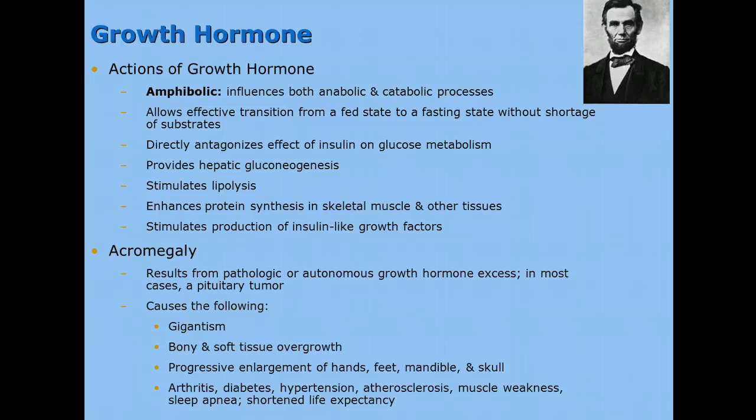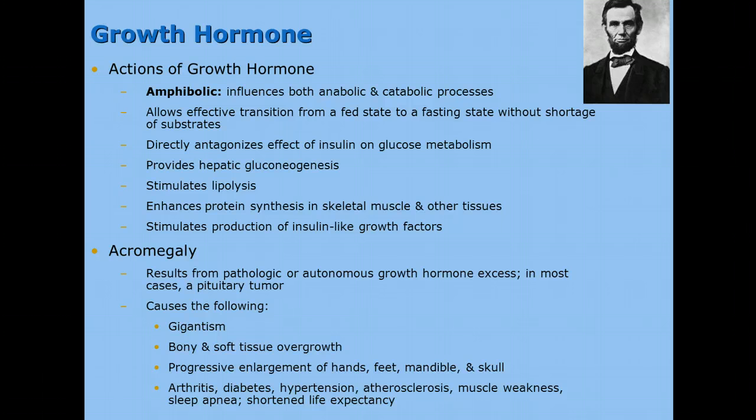Now, this is where Abraham Lincoln comes into play. We talk about acromegaly. That is an excess amount of growth hormone, usually from a pituitary tumor. It can cause gigantism, bony and soft tissue overgrowth, progressive enlargement of hands, feet, mandible, and skull. If you ever see pictures of Abraham Lincoln, he was very large, had very large hands.